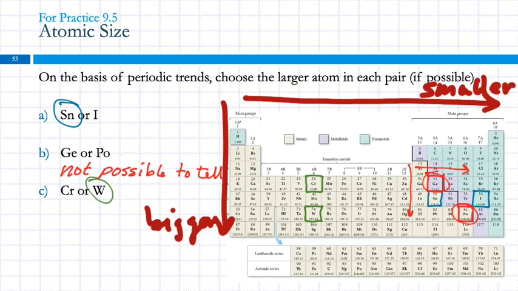So I'd really encourage you to get this atomic size thing straight. Rote memorization can work for this, but again, it's two pairs of things. Going across, bigger or smaller. Going down, bigger or smaller. So easy to get them mixed up.